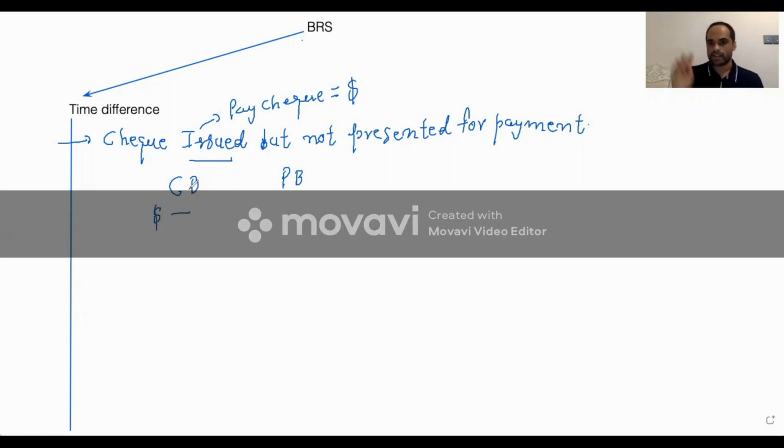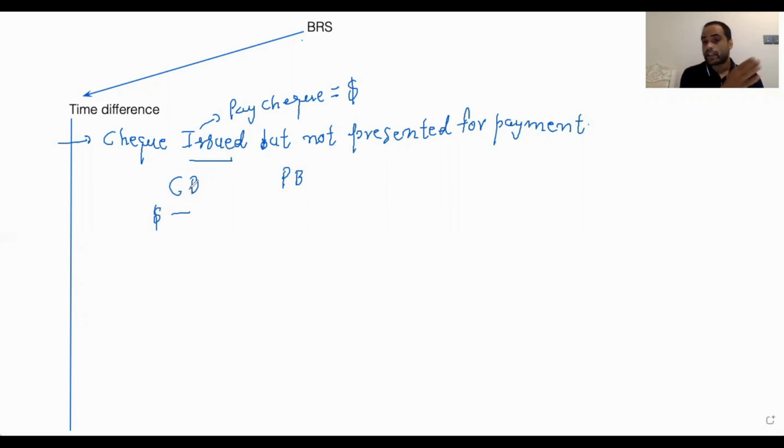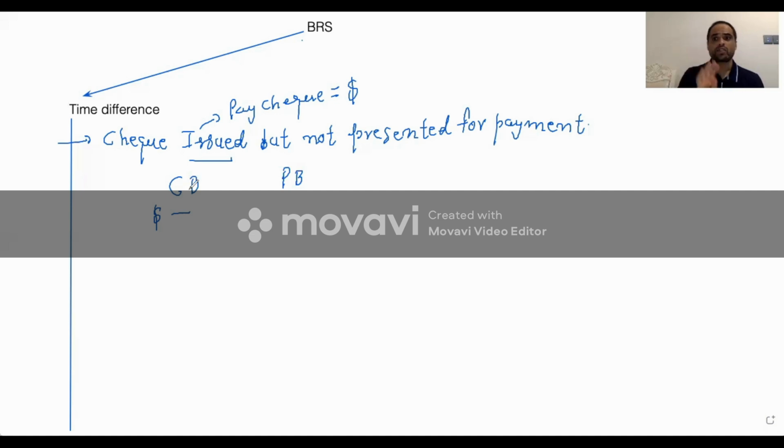Your cash book minus. Because when you make a payment to supplier, what journal entry are you going to write? Accounts payable account debit, and cash account credit, right? That's the way you make a payment to supplier. Your assumption is that money is going out from your business, so that's why you're writing cash account credit. So it means your cash book credit, right?